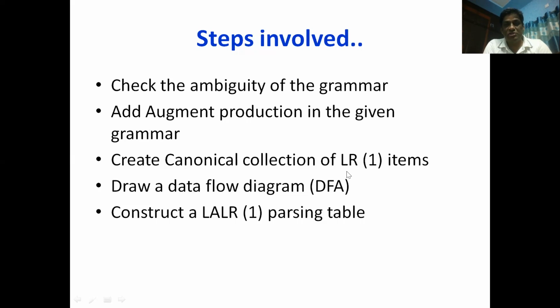And here comes one more step after calculating the canonical collection of LR(1) items. We will identify the states which contain the same set of productions but with different look ahead symbols, and then we merge them into a single state. That is the only additional step required, except that everything else is going to be same as CLR parser.